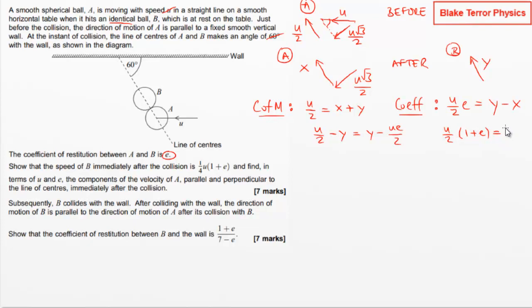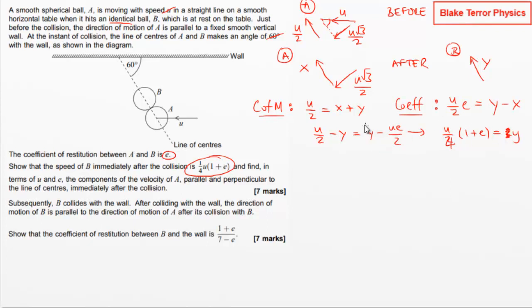So to save a bit of space, let's just change that into a 4 and get rid of that 2. I think that's the thing they asked for, isn't it? Yeah, that's our speed of B after the collision. So we've already shown that bit. So that's fine. And then we've got to do the same for x.